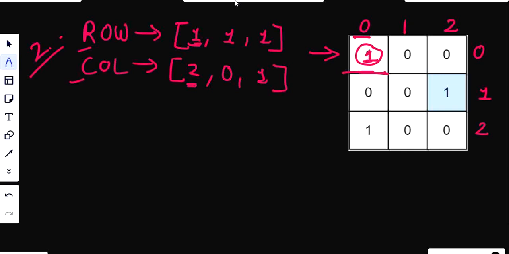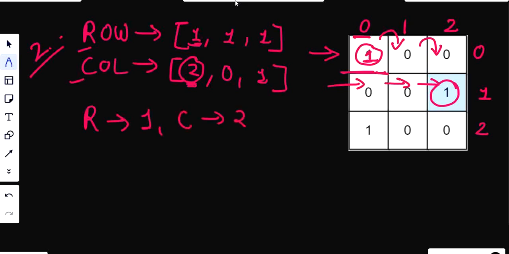So for this position, I won't be incrementing it because the column is having value equivalent to 2, which is greater than 1. So I will again go to the next position, and as we already know, these positions are not going to satisfy. So let's just jump to this position where our row index will be 1 and our column index will be 2, right?